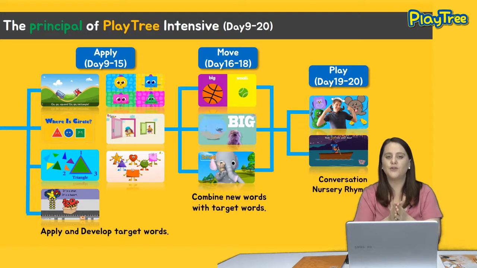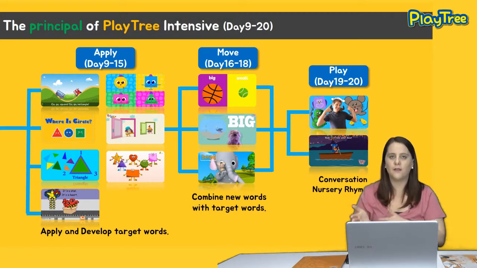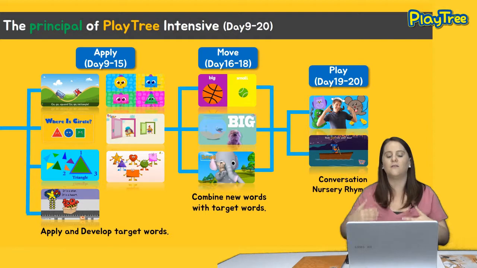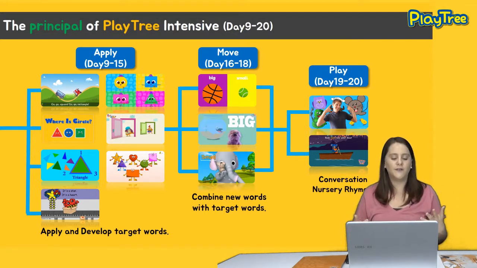Now let's continue with talking about the PlayTree intensive course by looking at the flow of the classes, which are days 9 through 20. They're going to continue to apply and develop their target words by playing games and listening to videos. Since we're talking about PlayTree 3 and they've been learning about shapes, they're not just learning about shapes.